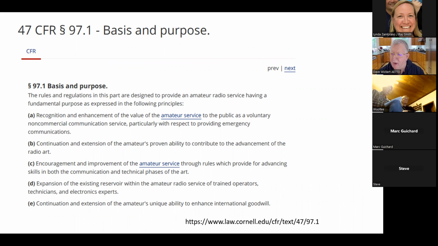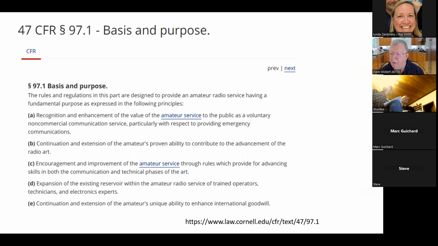Part 97 is the part of Title 47 that has to do with amateur radio.